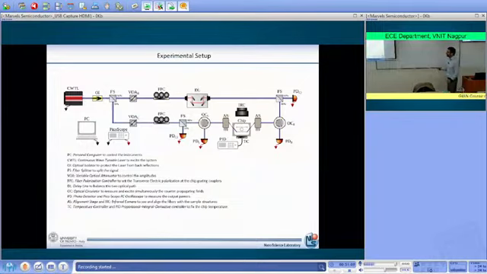Then we have a polarization controller to control the state of polarization, so as to have either vertical or horizontal polarization. Then we have another fiber splitter in order to monitor the power that is inserted into the microring resonator. Then we have an optical circulator.